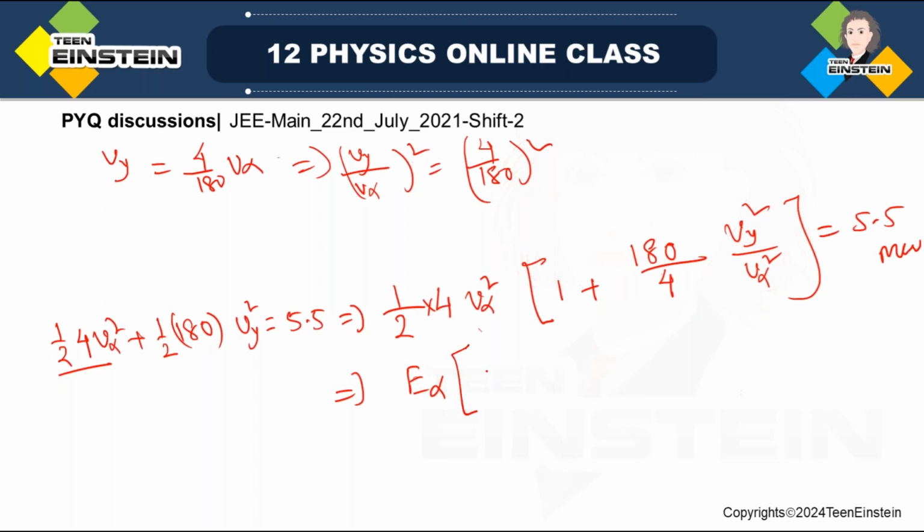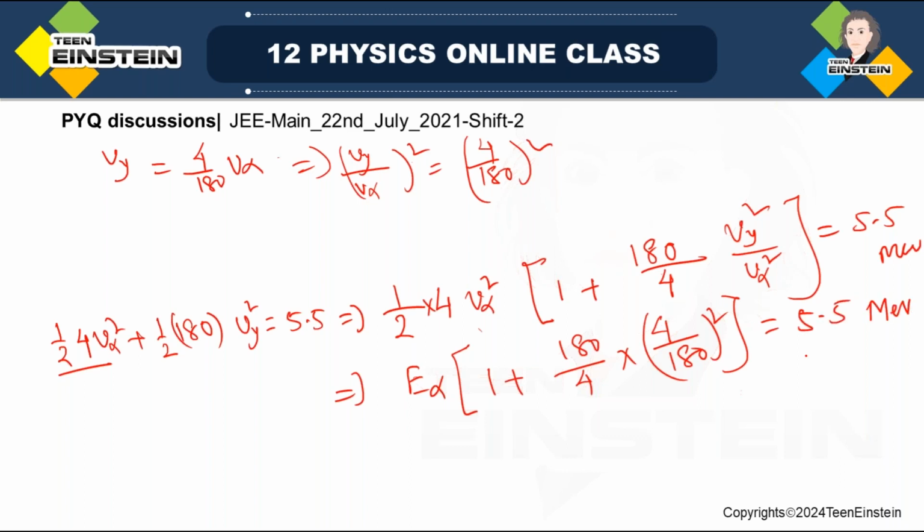So this term I get 180 by 4, and this will be 4 by 180 whole square, right? This equal to MeV. Now if we simplify, 1 4, I can strike out this and get 1 out of this, right? I hope it is clear to you. So you can do the simplification by yourself.